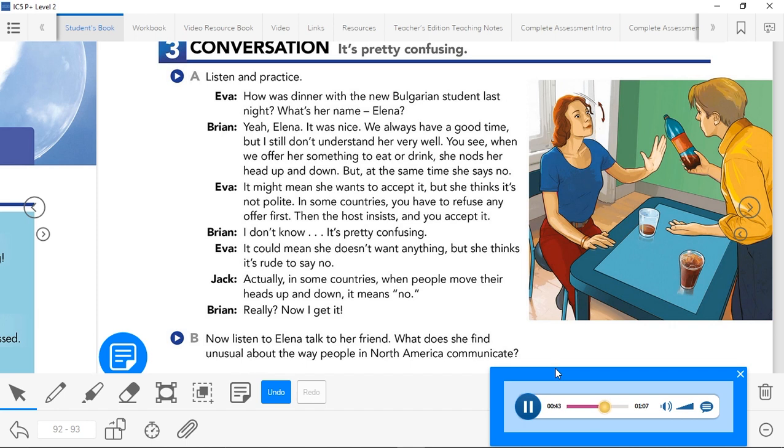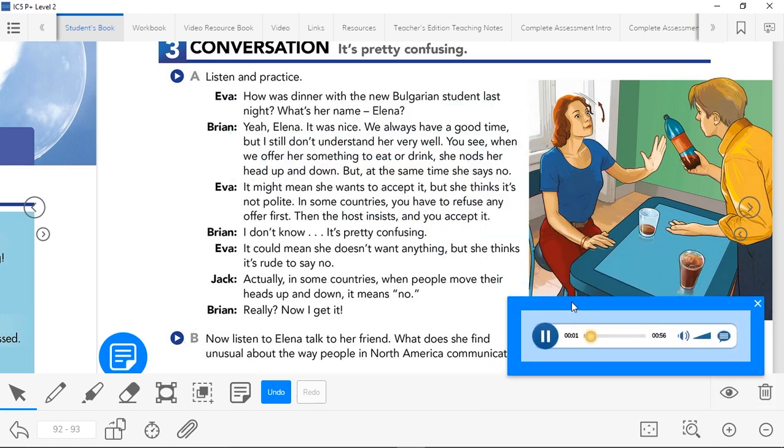In some countries, you have to refuse any offer first. Then the host insists and you accept it. I don't know. It's pretty confusing. It could mean she doesn't want anything, but she thinks it's rude to say no. Actually, in some countries, when people move their heads up and down, it means no. Really? Now I get it.